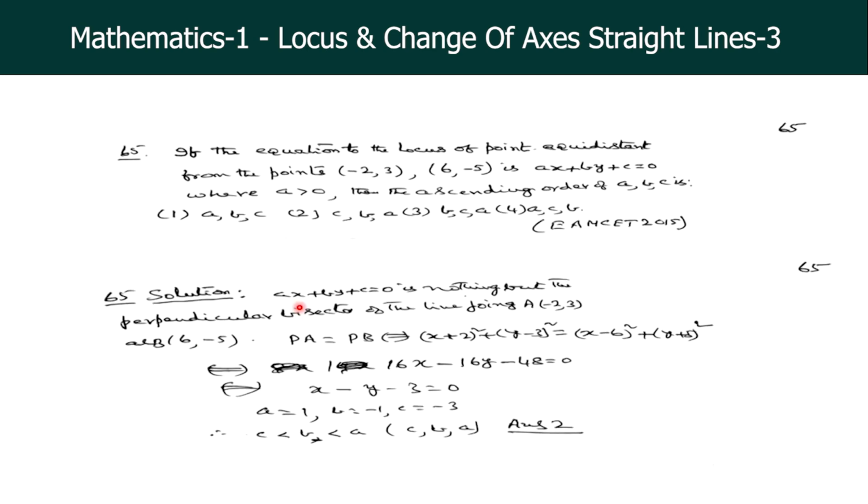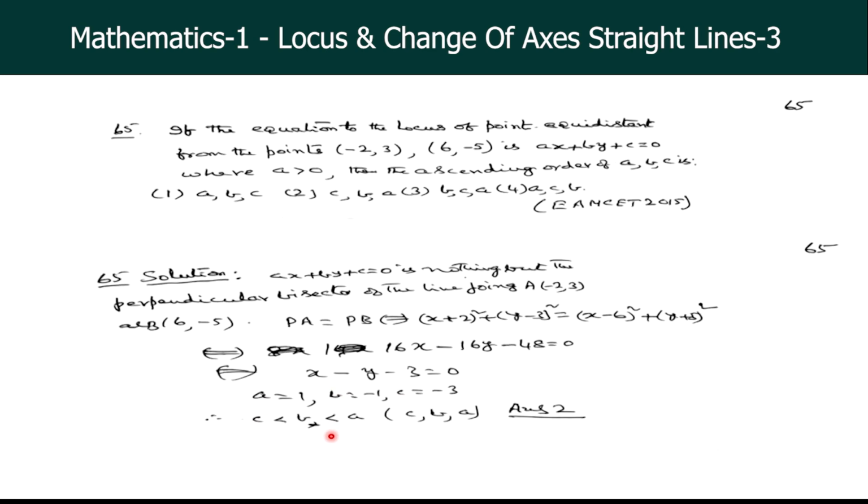So its equation is x - y - 3 = 0. So here A = 1, B = -1 and C = -3. Therefore, the ascending order is, because -3 is less than -1, less than +1, CBA. So CBA means option number 2.